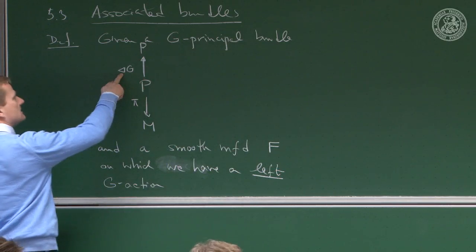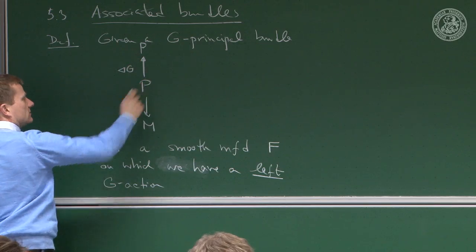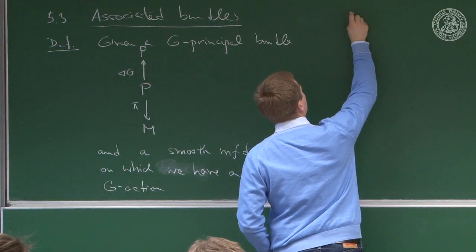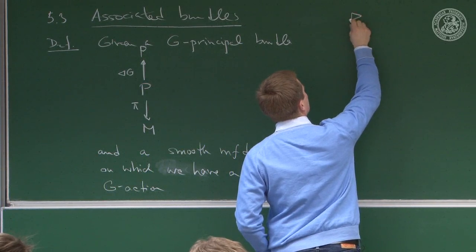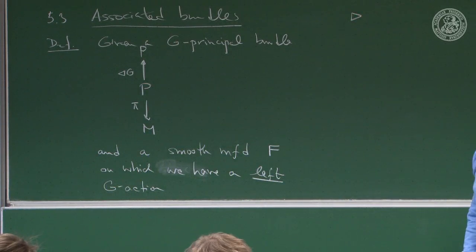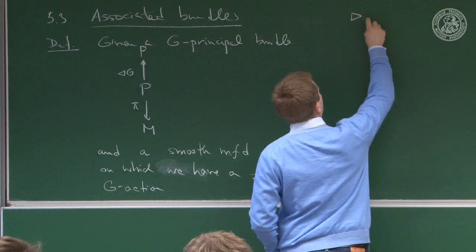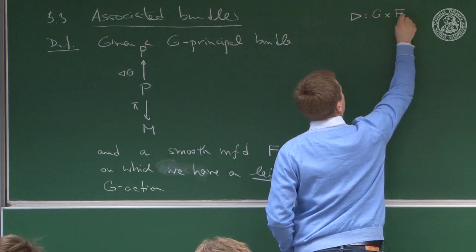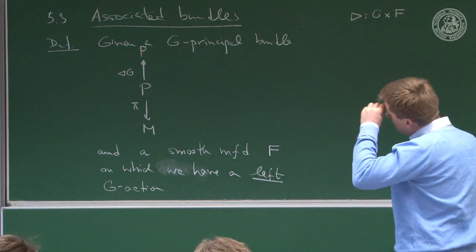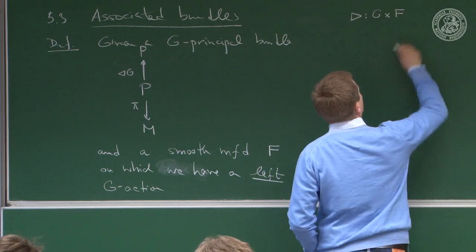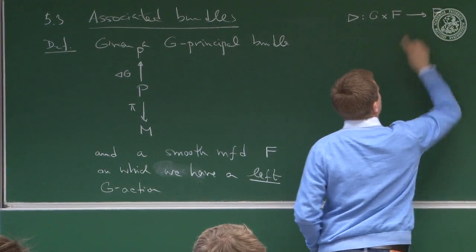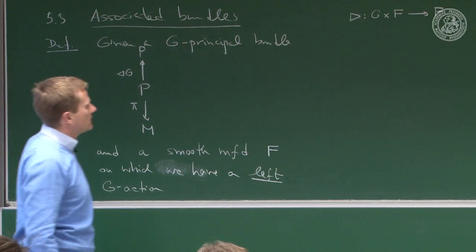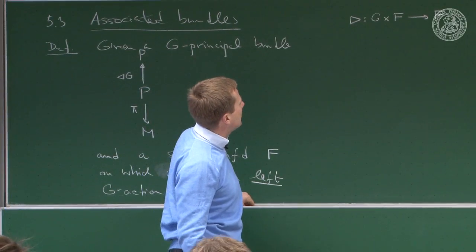Here we use the right G action on the total space of the principal bundle, but now we consider a left G action, so I use a symbol that looks very similar but points in the other direction. It's a totally different map. It takes a G and an element of this new smooth manifold F and takes it to F, and it is a left G action with the properties that this action had.